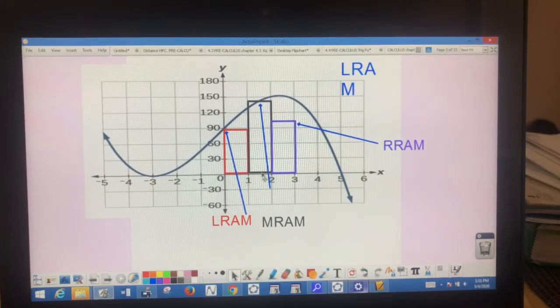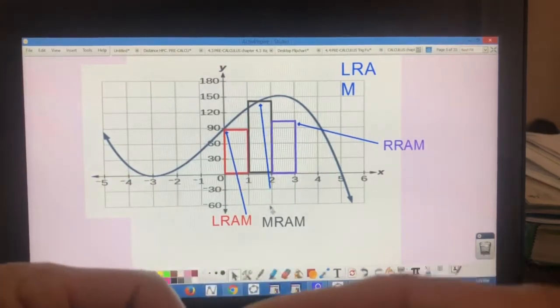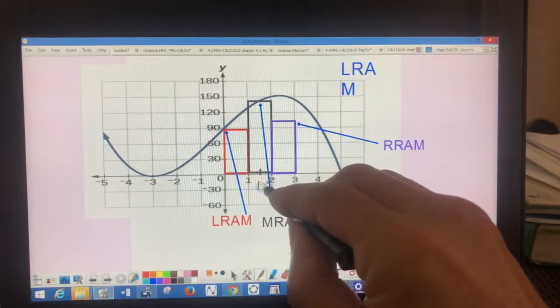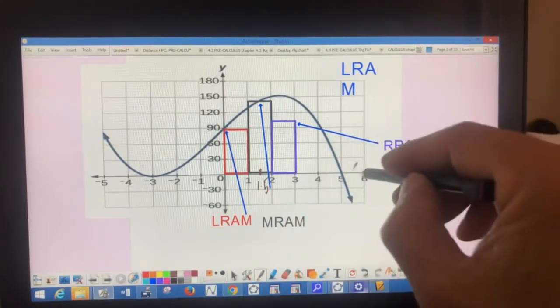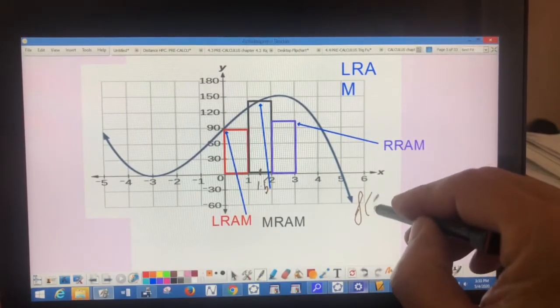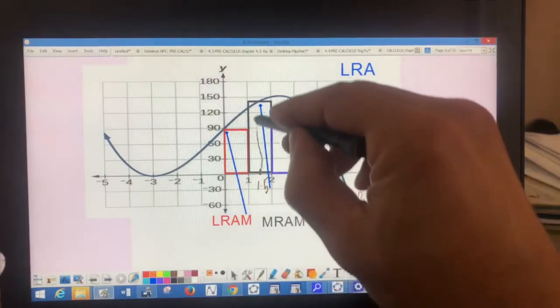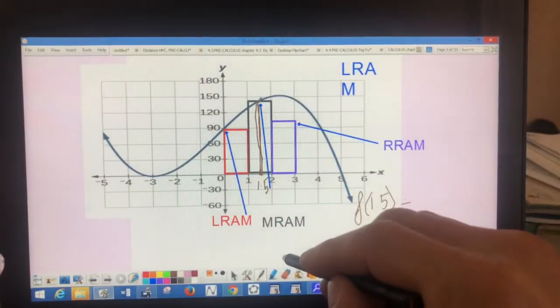What you're doing is finding this location, which to me right now should be 1.5, to find that height. So this point is 1.5. If you have some kind of random function f of x, then you plug your 1.5 into that function and you can calculate that height there.